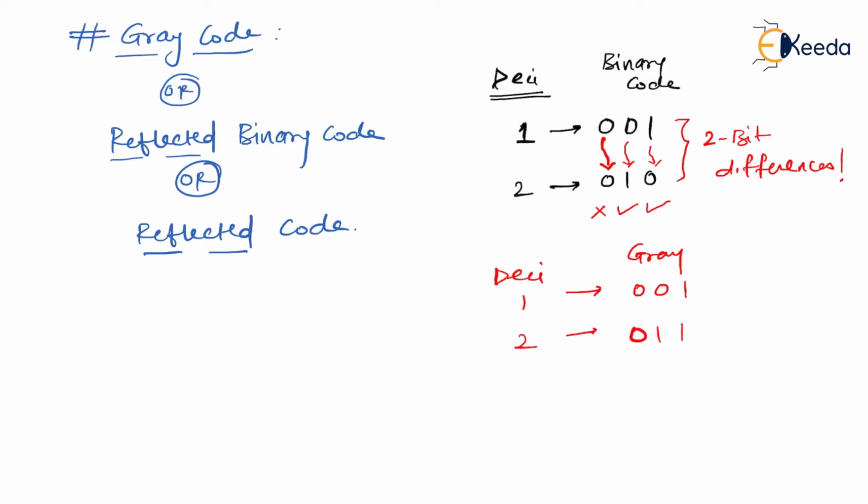Now if you start comparing here, 0 remains 0, there is no bit difference. 0 is changed to 1, there is the first bit difference we have observed, and here 1 remains 1, there is no bit difference. So overall, there is only 1 bit difference.